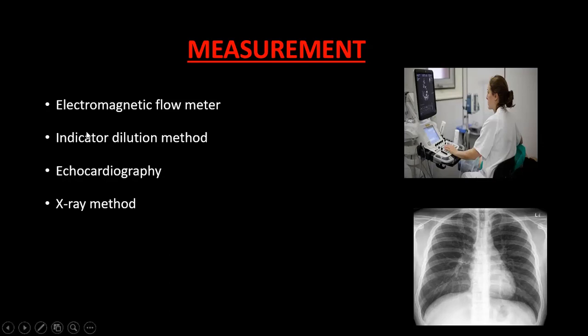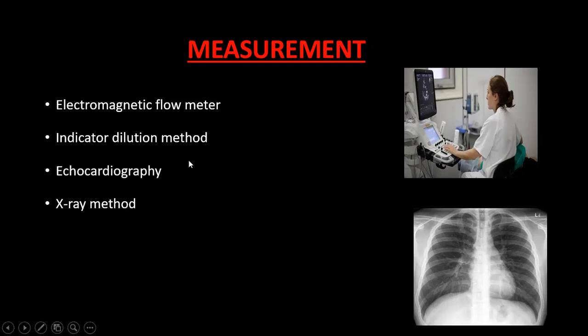In this method, a known volume of dye is injected into a large vein, preferably into the right atrium, by cardiac catheterization. And then the cardiac output must be equal to the amount of indicator injected, right? And it is then calculated using certain formulas like F is equal to Q by CT. So you don't have to go into much detail on that. You just have to define what is indicator dilution method.